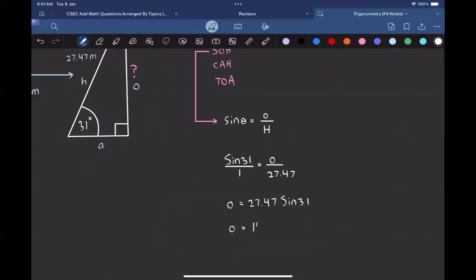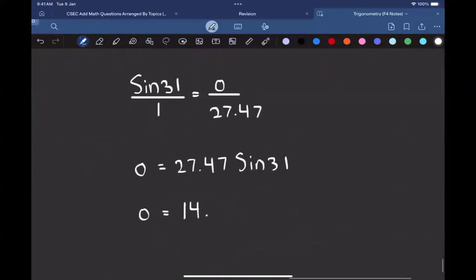14.14. Is that 0.148? Yeah, it rounds off to 2 decimal places. 14.15.